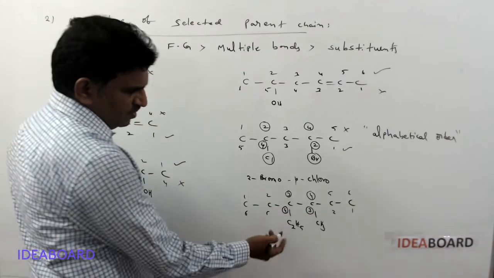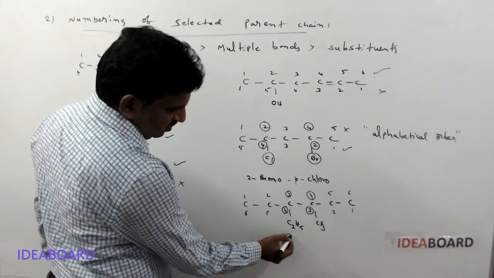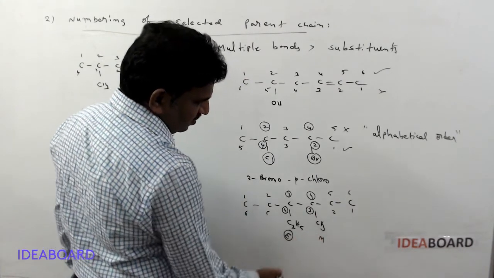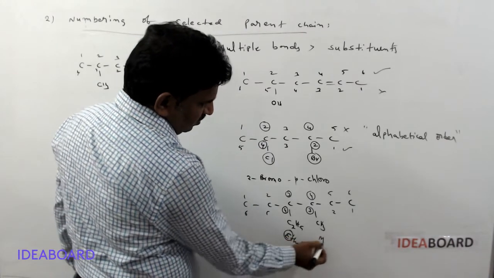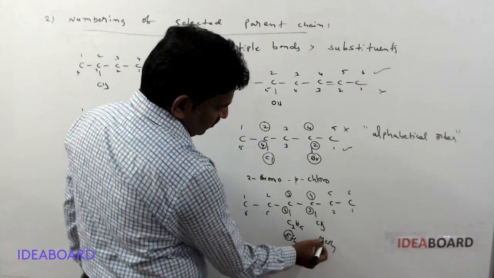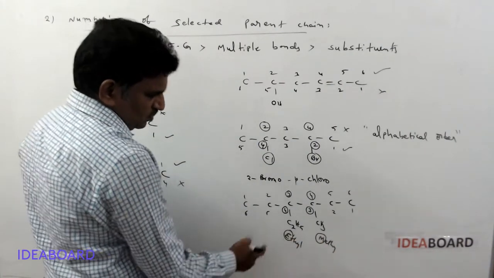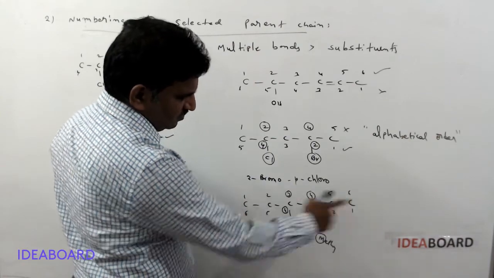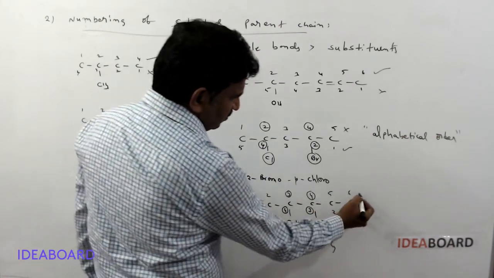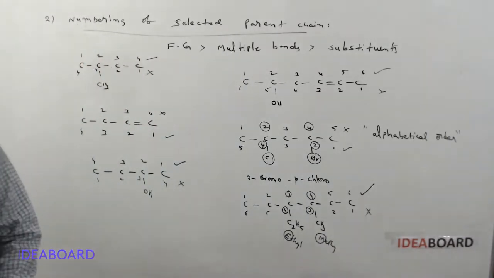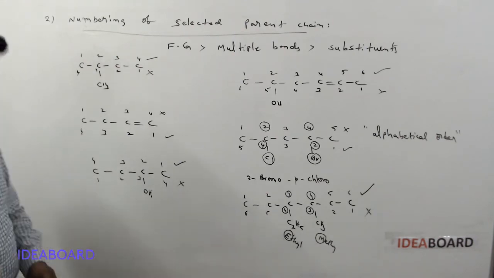When we get the same numbers, what is this alkyl group? Ethyl, E. And here this alkyl group is methyl. Which will come first in alphabetical order? Yes, E comes first. So ethyl gets the lower number, meaning numbering from this side. So this is the correct numbering and this is the wrong numbering. So when we have the same numbering, please decide based on the groups taken.